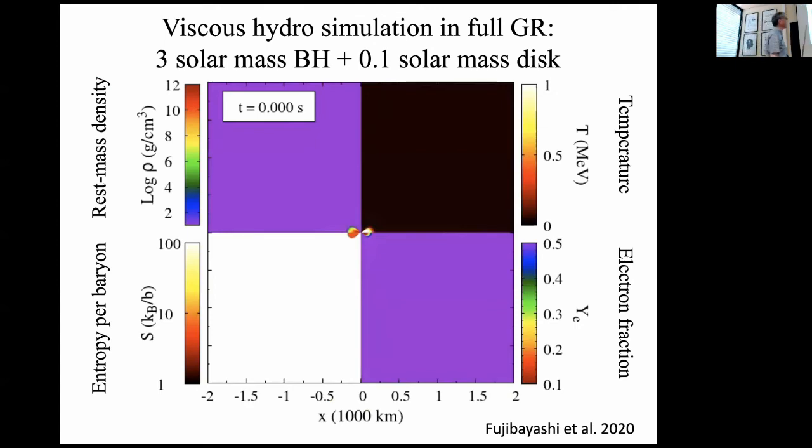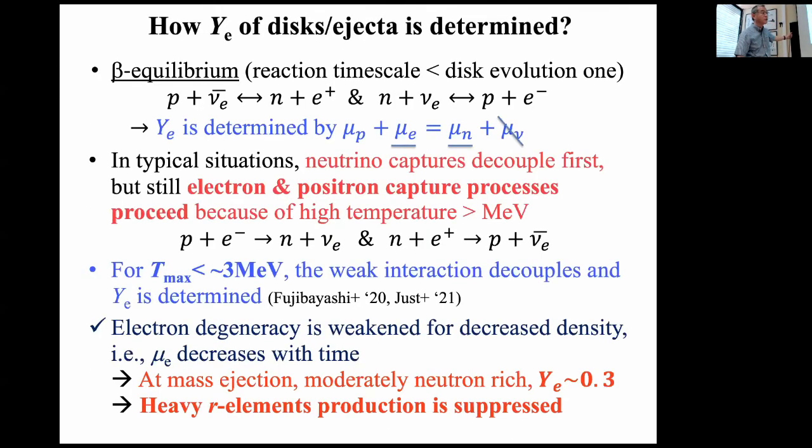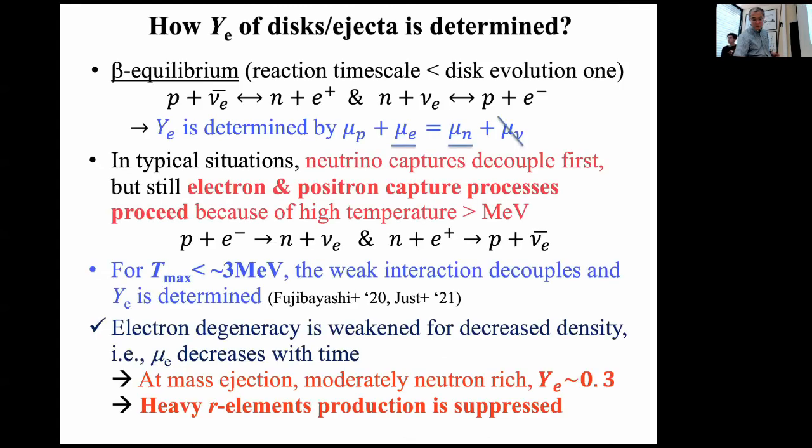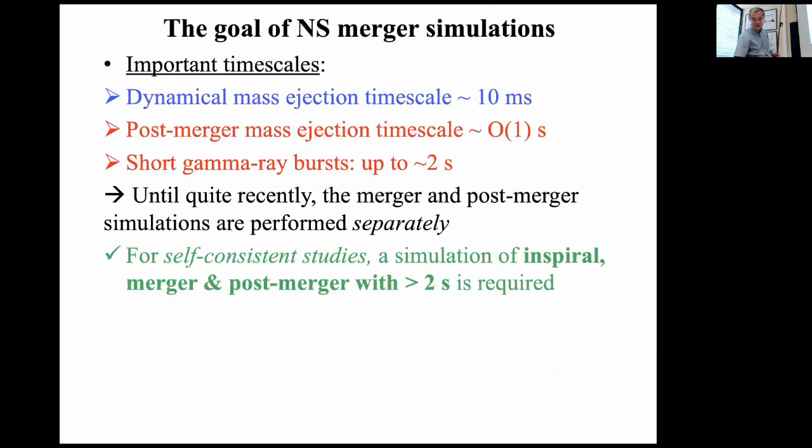This is just a model simulation. This is the reason why I said that I need a self-consistent simulation. We initially prepared very well symmetrical initial data, but it's just a very simple model for the post-merger system. So eventually we need a self-consistent simulation like this.